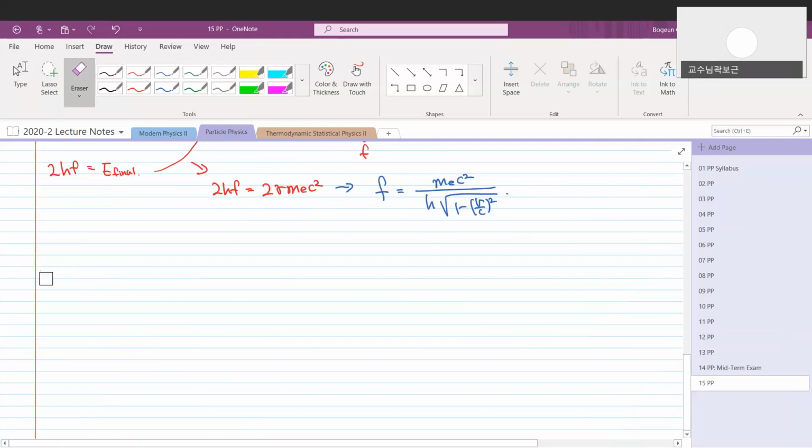So let's see this: 3.2 Einstein coefficients.